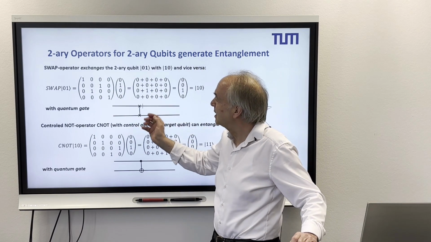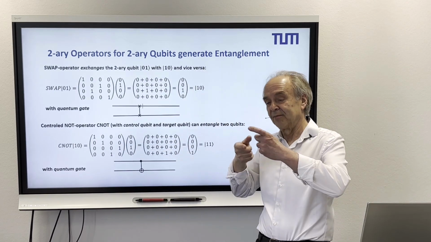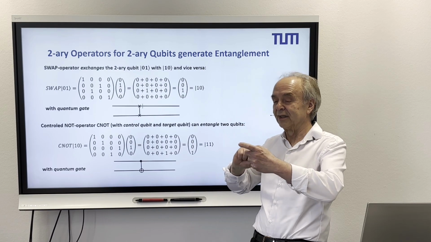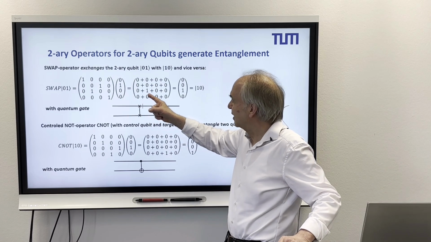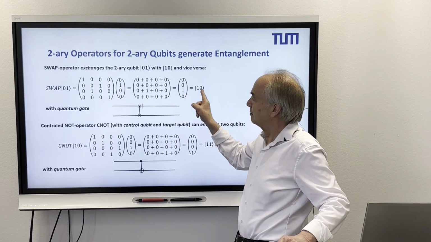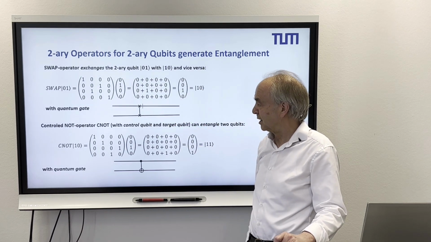And that is done here for the swap operator. You remember the swap operator exchanges the input 0 and 1 to 1 and 0. Exactly that is done here by simple matrix calculation, and that is the corresponding notation of the quantum gate.